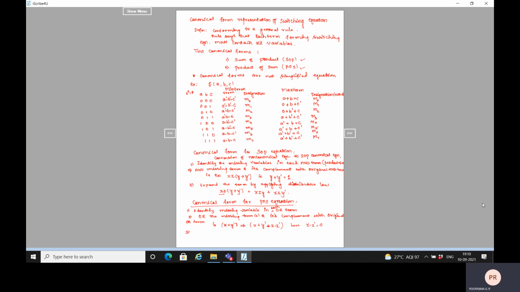After ANDing, expand the terms using the distributive law.